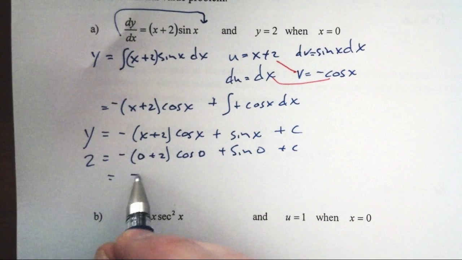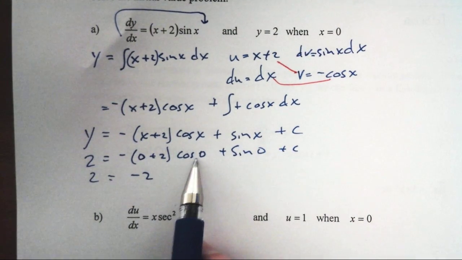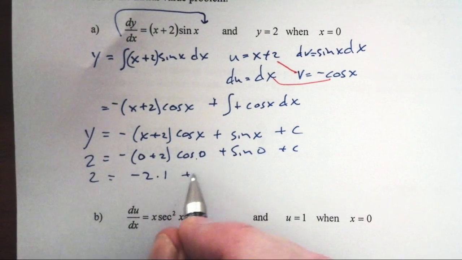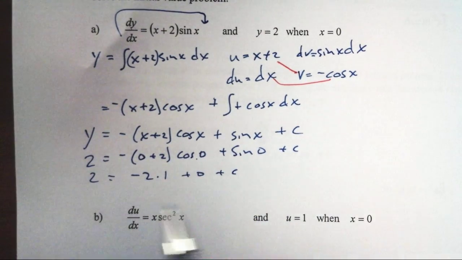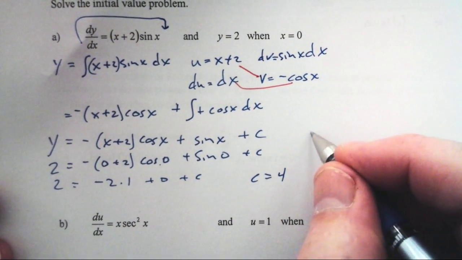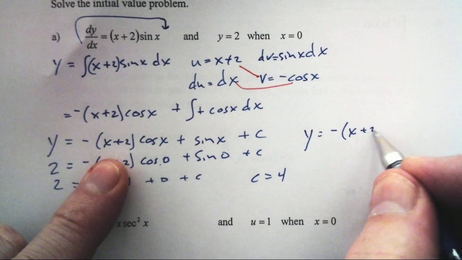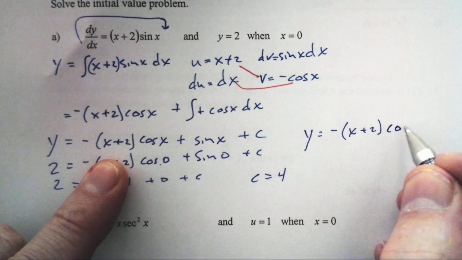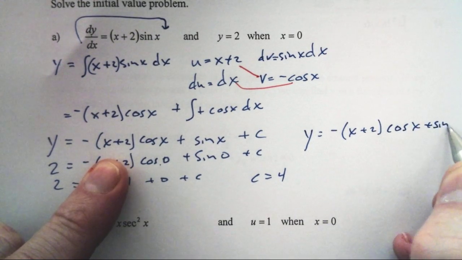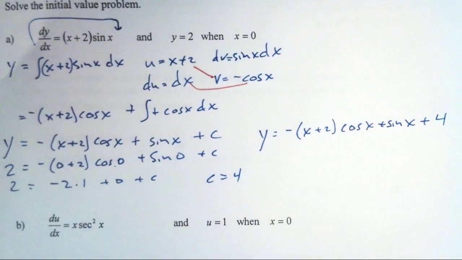So this is negative 2. 2 equals negative 2. Cosine of 0 is 1. Sine of 0 is 0. So c is 4, giving me a final answer of y equals negative x plus 2 cosine x plus sine x plus c, but c is 4.